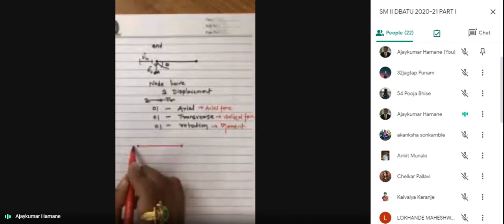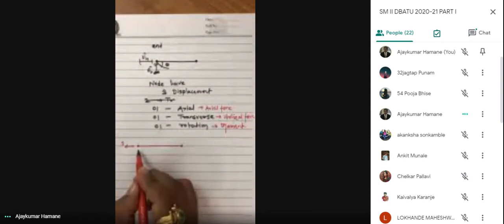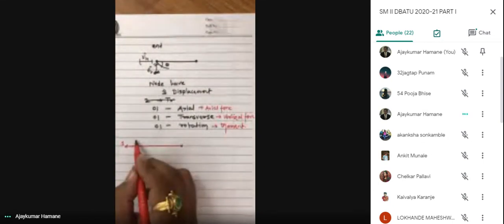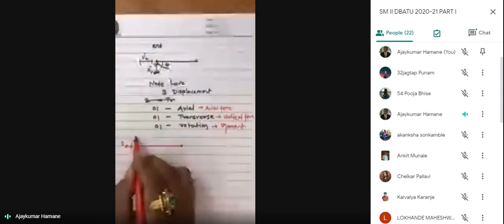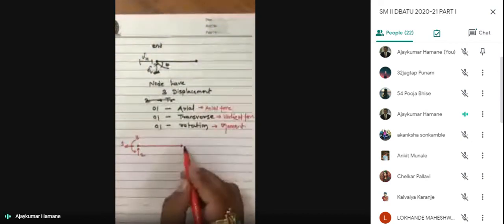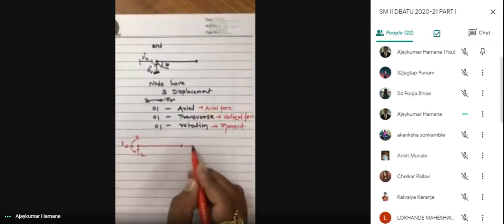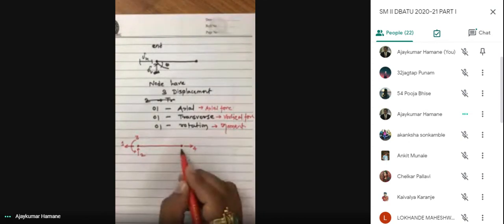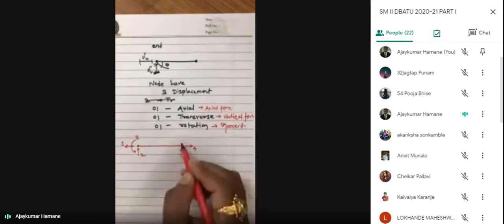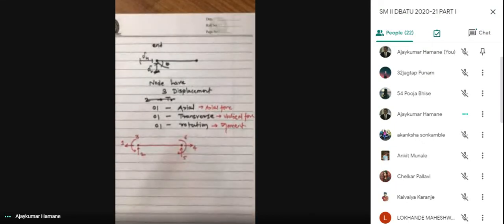I'll give the axial direction 1, vertical direction 2, rotation 3, and at the other end the same: 4, 5, 6. Correct?